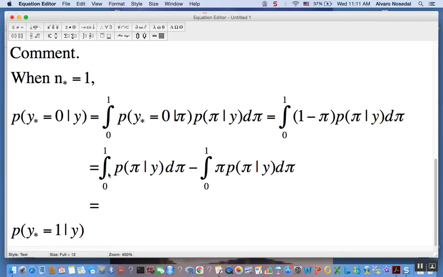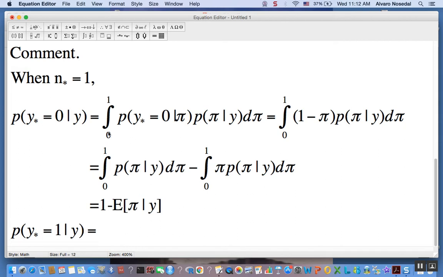Now, the posterior distribution is a legitimate probability distribution, so the integral from 0 to 1 of the posterior is just going to be 1. And this other term is the expected value of pi given y, the conditional expectation of pi given y. In other words, that is just the posterior mean. Make sense?